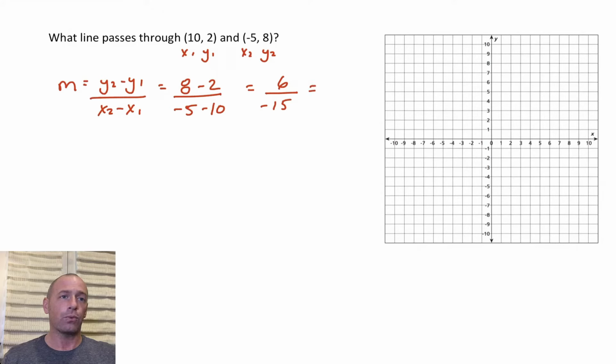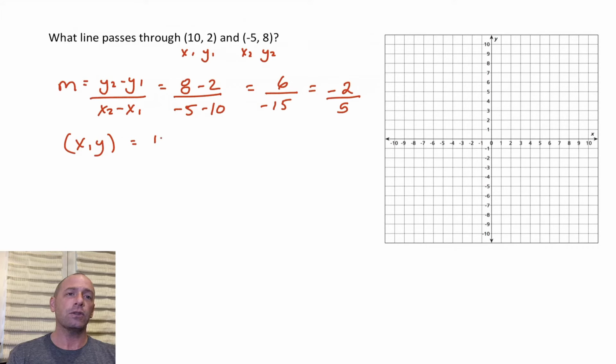Divide top and bottom by 3, you'll get 2 over -5 or -2/5. Okay, now we have the slope. We're going to have to use one of these points to figure out the y-intercept.